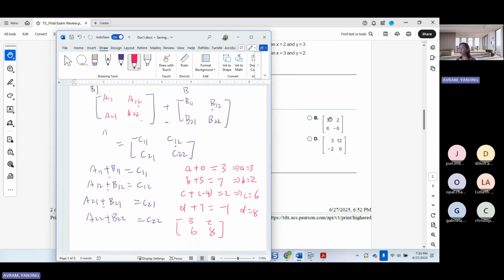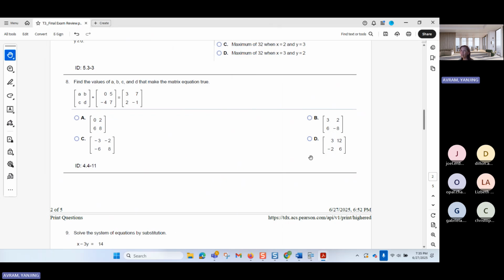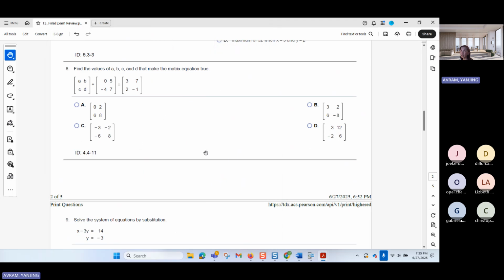All right, so you have a 3, 2, 6, and should be -8, yeah. I missed this one right here, right? So that's D plus 7 equal to -1. So D should be -8. Yeah, D should be -8. All right. Okay, so that way you can find the correct answer. So that's how you do the matrix addition and subtraction.